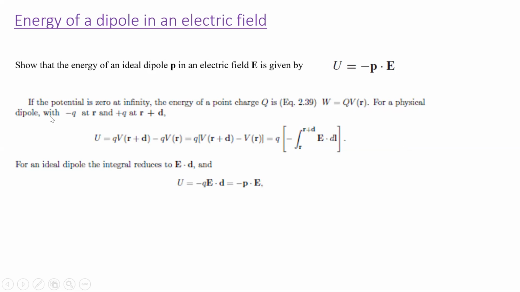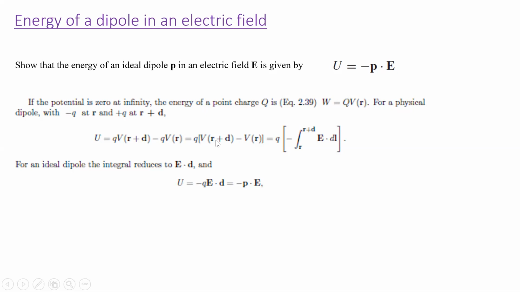So for that dipole, U, the total potential energy would be Q at the positive charge at the potential V of r plus d, the positive end of the dipole, plus the negative charge times the potential at the close end of the dipole.